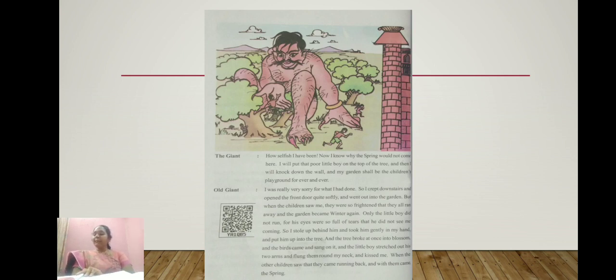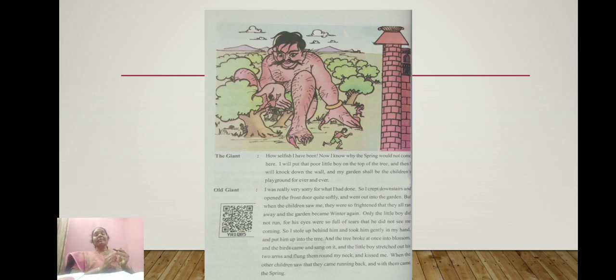So I stole up behind him and took him gently in my hand and put him up into the tree. And the tree broke at once into blossom, and the birds came and sang on it. And the little boy stretched out his two arms and flung them around my neck and kissed me. When the other children saw that, they came running back, and with them came the spring."